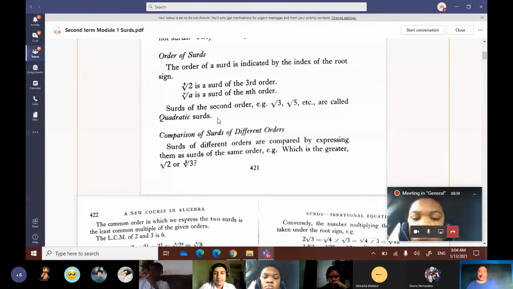So these are things that you have to know. You have to know what you're talking about when we're talking about the order of a surd. Hopefully you should have had time to read this section and extract your notes.